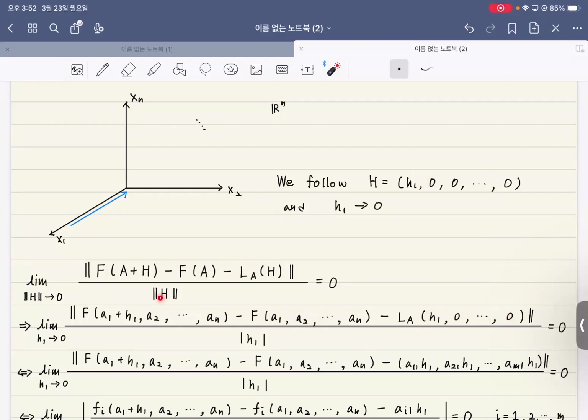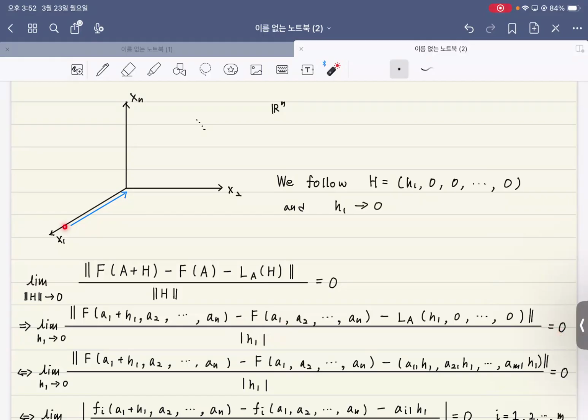Moreover, this denominator, which is the length of H, can be simply replaced by the absolute value of this small h1, right? And this limit should again be 0, because we are assuming that this is differentiable, right?